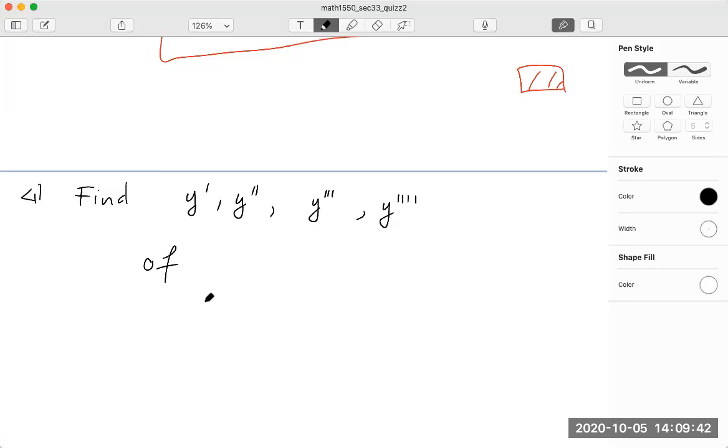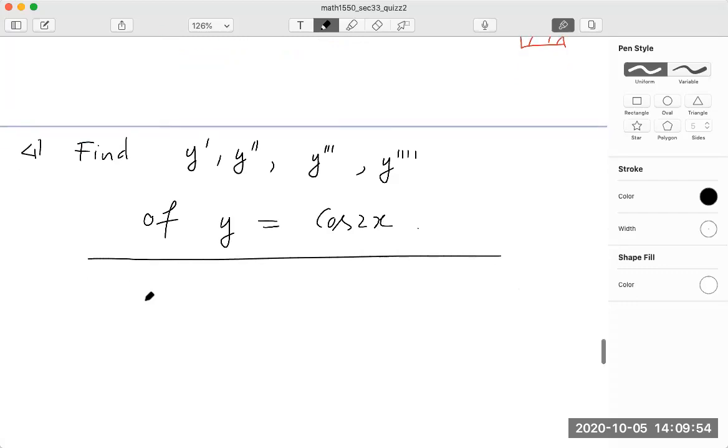Of y equal to cosine of 2x. So, just a note on notation before we do anything. Y prime prime prime, sometimes we write it y, open the parentheses, 3, instead of writing this, right?